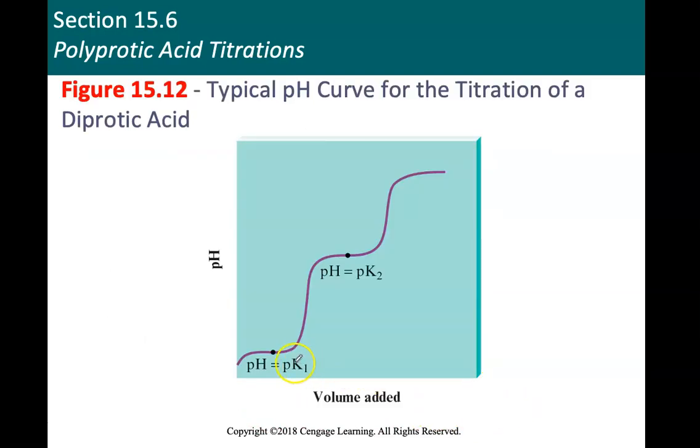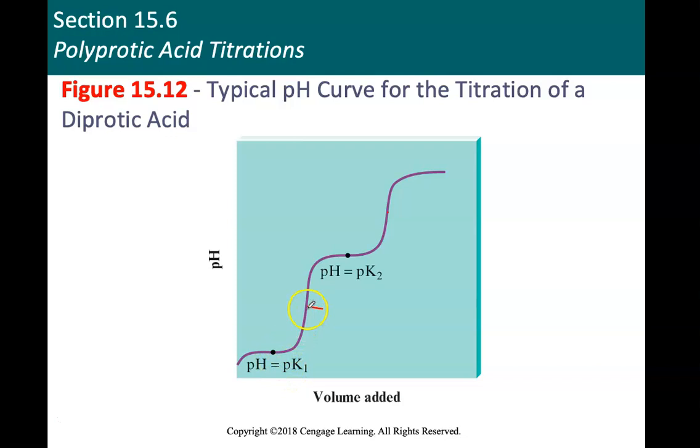So that's an example of a diprotic acid. You have two equivalence points. That's the first one here, and that's the second one here. And you're looking at the two regions where pH is equal to pKa. That's in the first plateau, right at the midpoint.